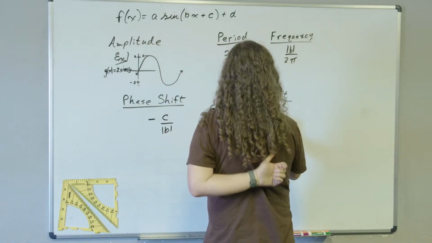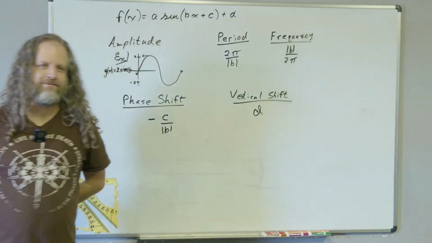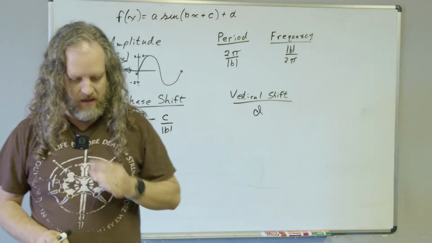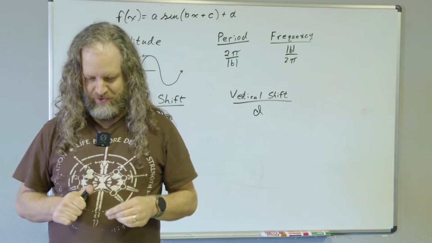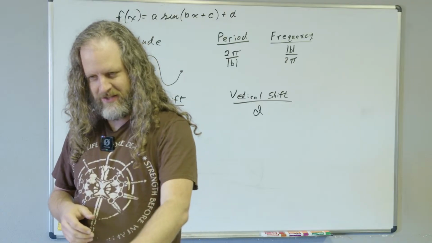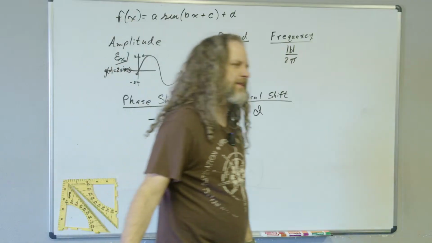The midline would be y equals d, right? Yes. Easy peasy, lemon squeezy. Let's do some examples. So is d never used, really? Well, it's not that it's never used. It's just that it's less useful in real world applications.